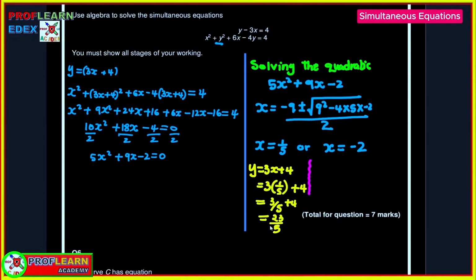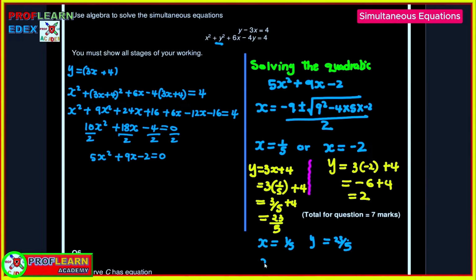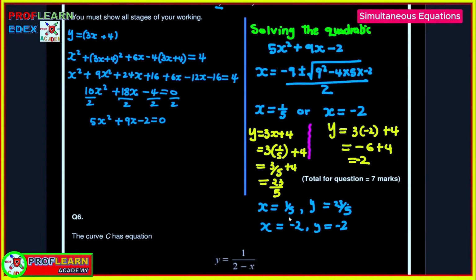We're going to get 23/5, and when x equals -2, we can substitute also and get the value of y being -2. Yep, -2. Right, so we have the two values of x and also two values of y.